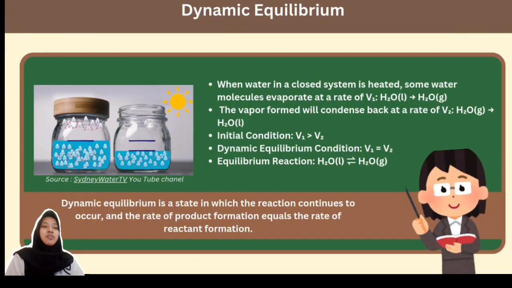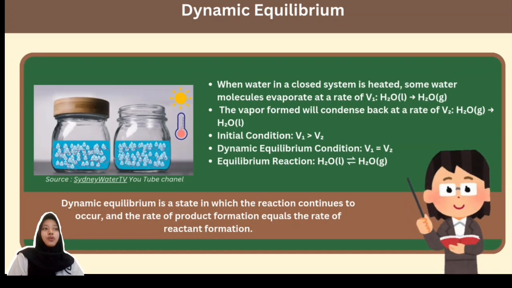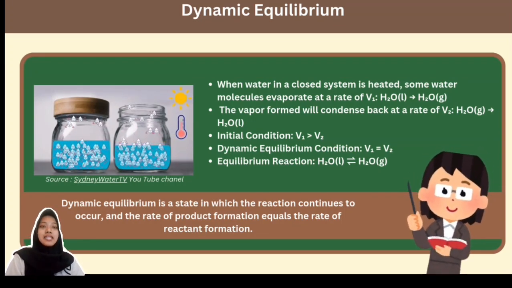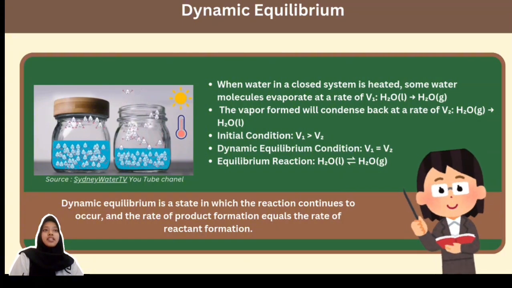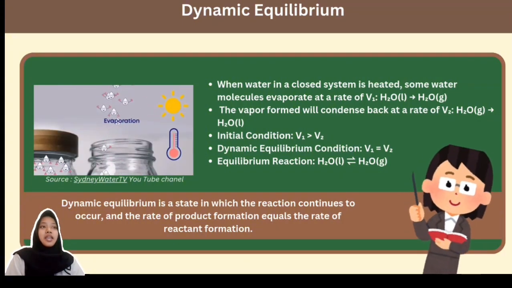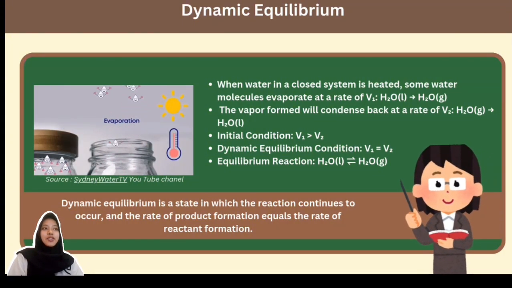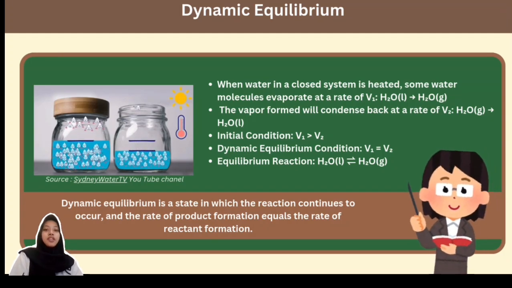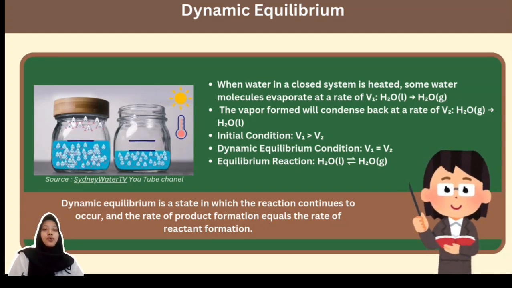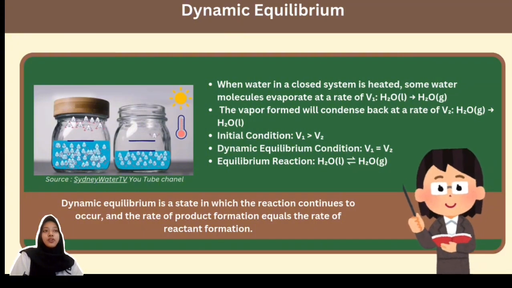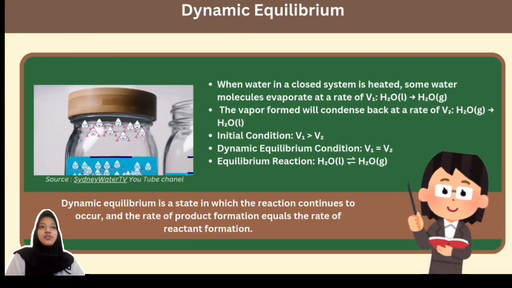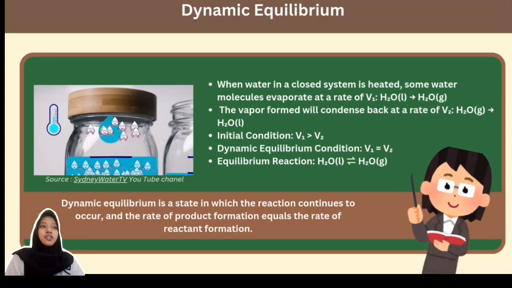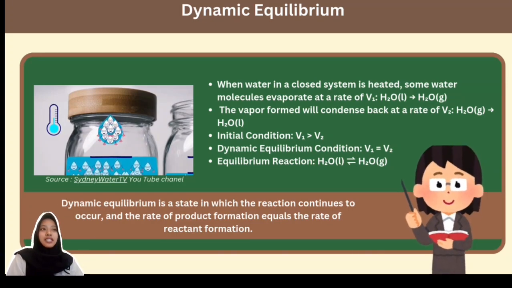The reaction can be written as H2O liquid becomes H2O gas. Because the system is closed, the water vapor cannot escape and will condense back into liquid with a reaction rate we will call V2, or H2O gas becomes H2O liquid. These two reactions, evaporation and condensation, occur continuously and simultaneously.